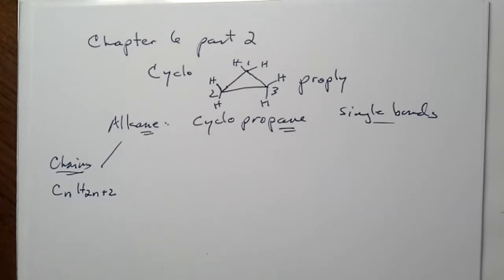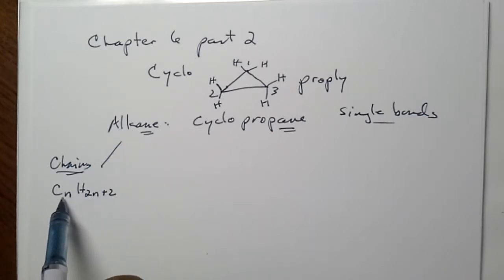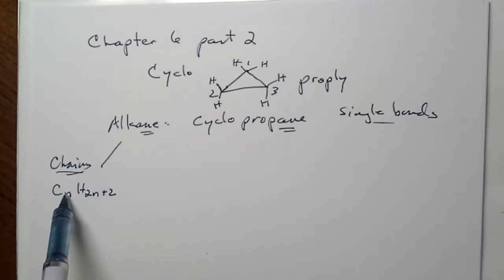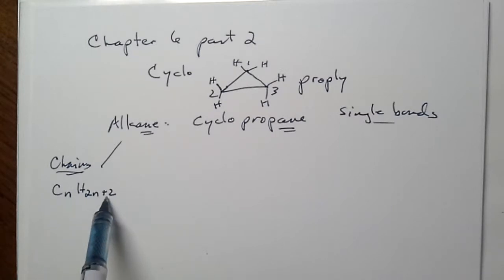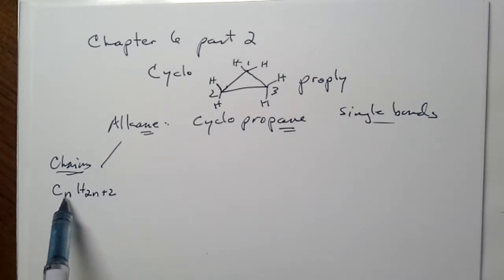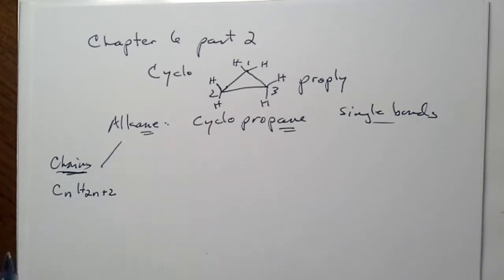So we're trying to figure out what is the name of the chain if we're able to determine that there are 2 times the number of carbons of the hydrogen plus 2, then we have an alkane. So we have a chain with only single bonds.